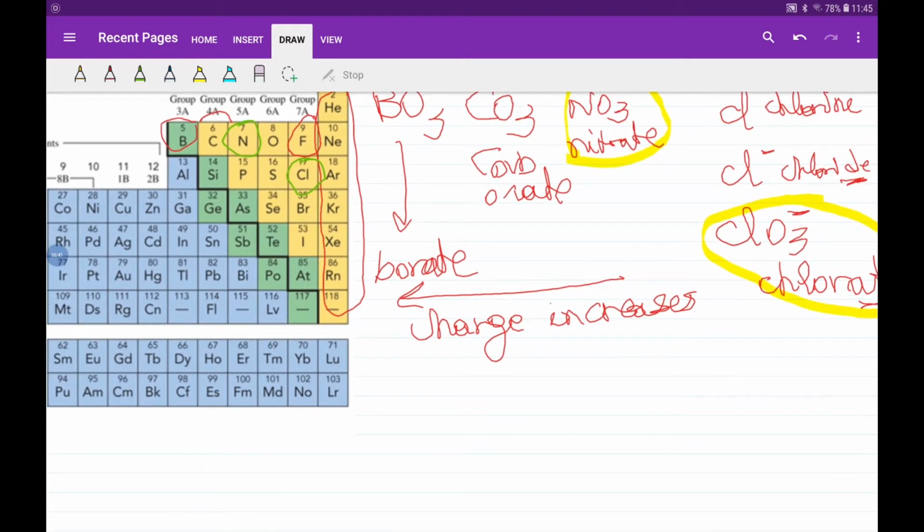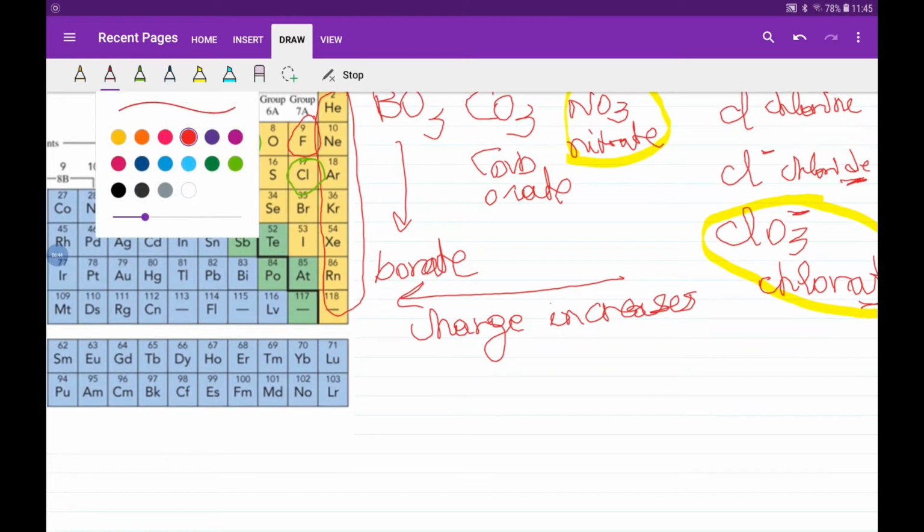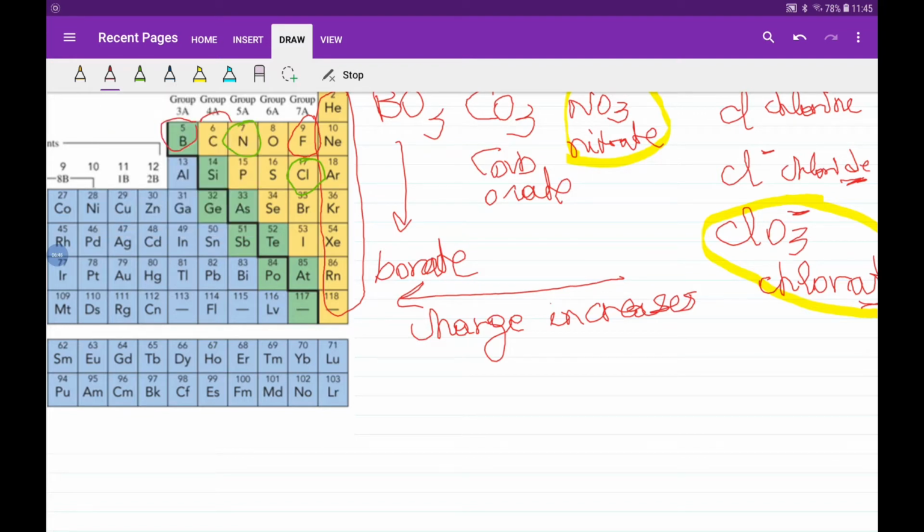If we move down a row to chlorine, and as we move to the left from chlorine on the periodic table, not only will the charge increase, but we add one more oxygen. So as you move to the left, you add an oxygen, and the charge will increase.